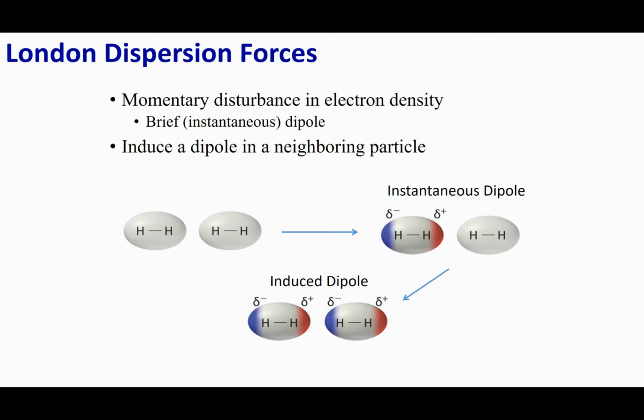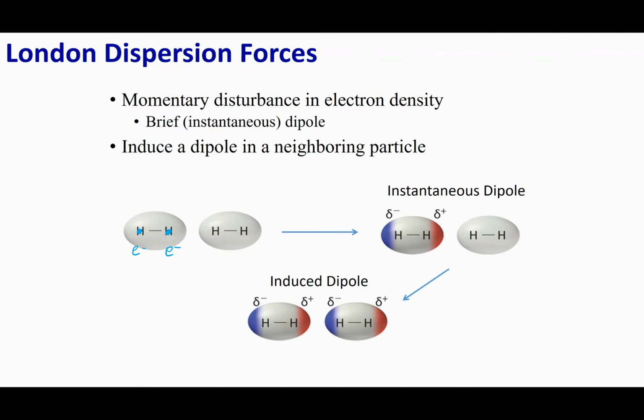Let's go ahead and use H2 as an example of how London dispersion forces work. Each hydrogen molecule is composed of 2 protons and 2 electrons. Because of probability and its distribution, those 2 electrons are evenly spread across the molecule.